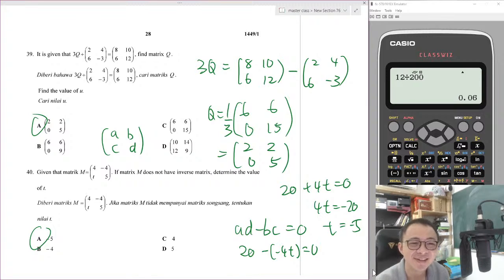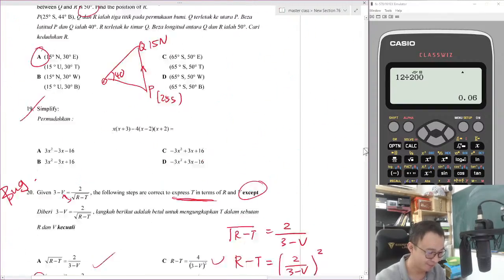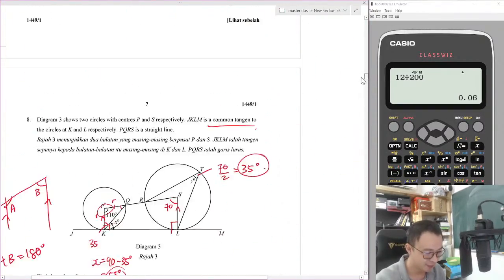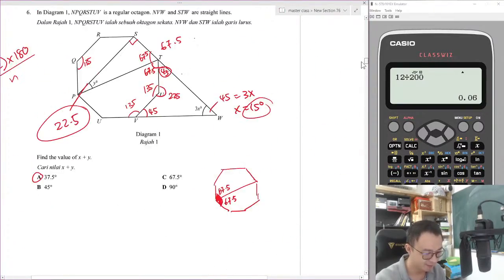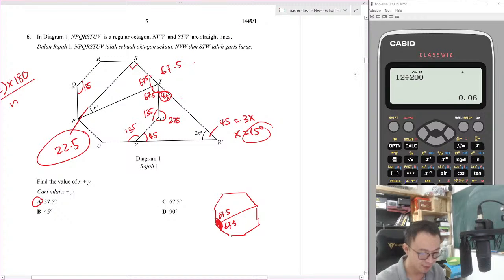Okay, before I bye bye, still have one more question. Question 6. How do you get 90 degrees? Question 6 has no 90 degree.